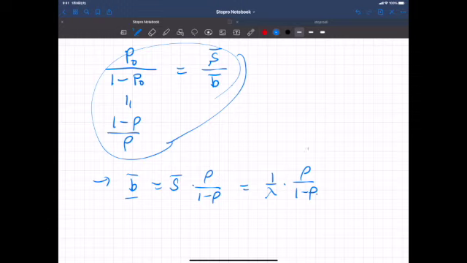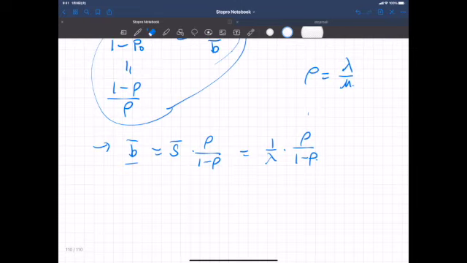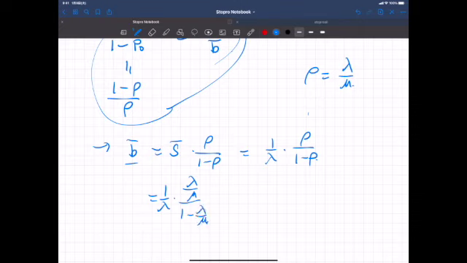And by the way, this rho was defined to be, if you remember, lambda over mu. So if you substitute this in, we have (1/lambda) times (lambda/mu) over (1 minus lambda/mu). So lambda will cancel, and we get 1 over (mu minus lambda).